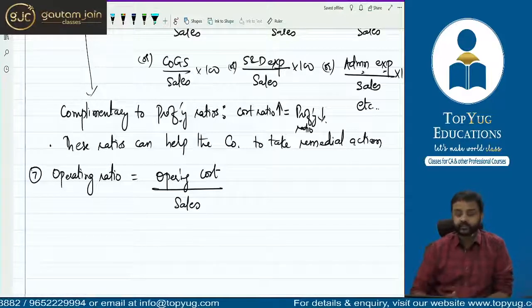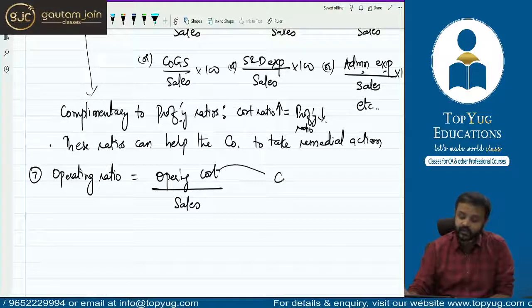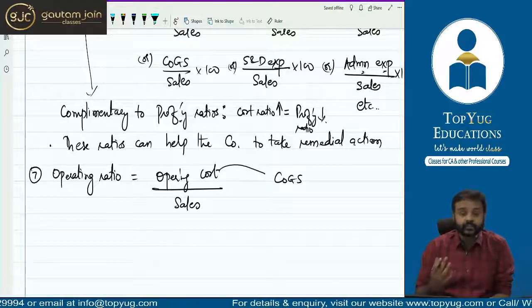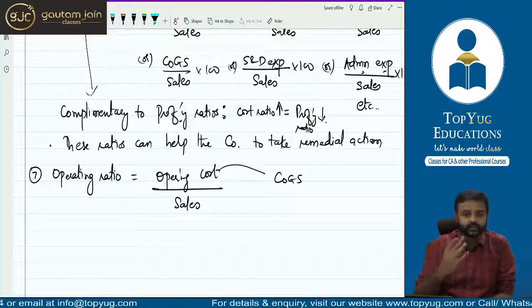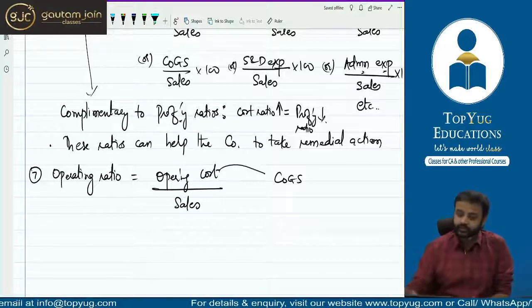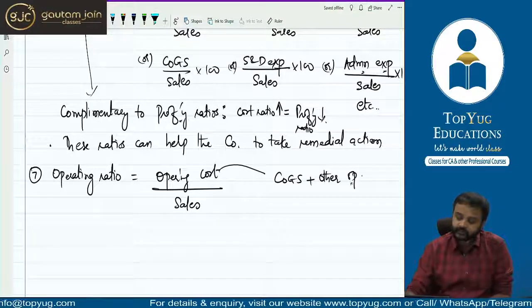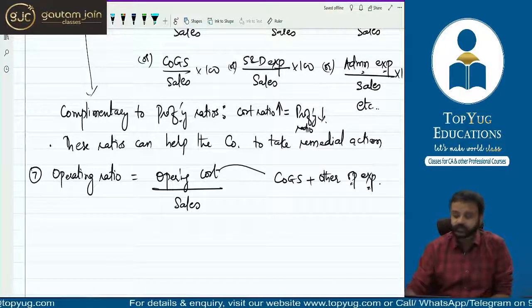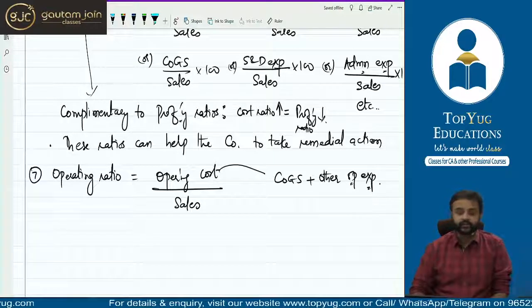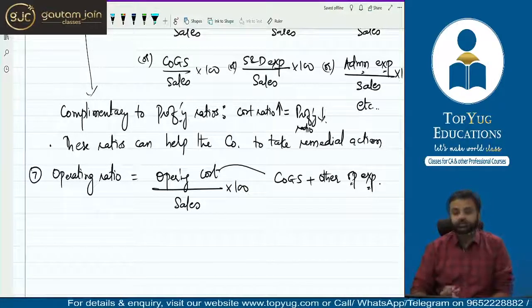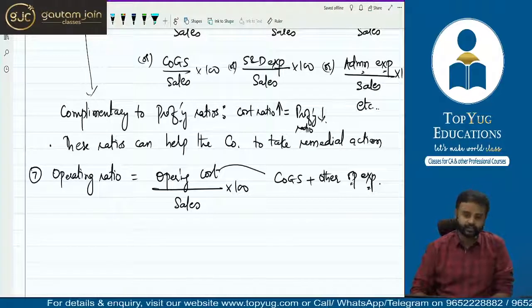You'll say, sir, what is this operating cost? Obviously, cost of goods sold. The operating cost is the cost incurred for the business operations. So cost of goods sold plus other operating expense will give us operating cost. So operating cost divided by sales into 100 will give us operating ratio.